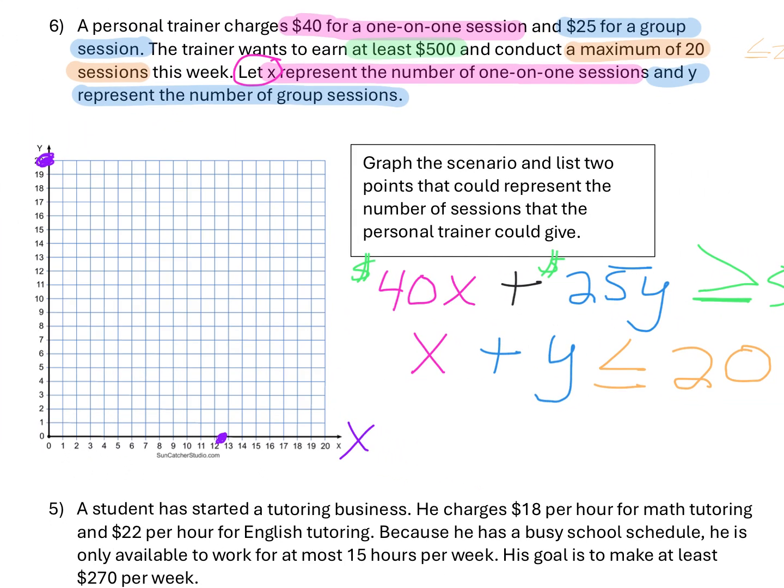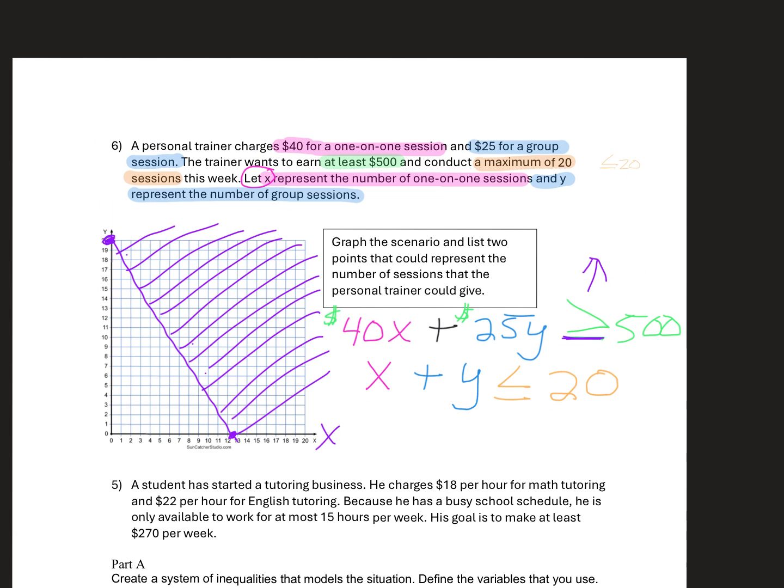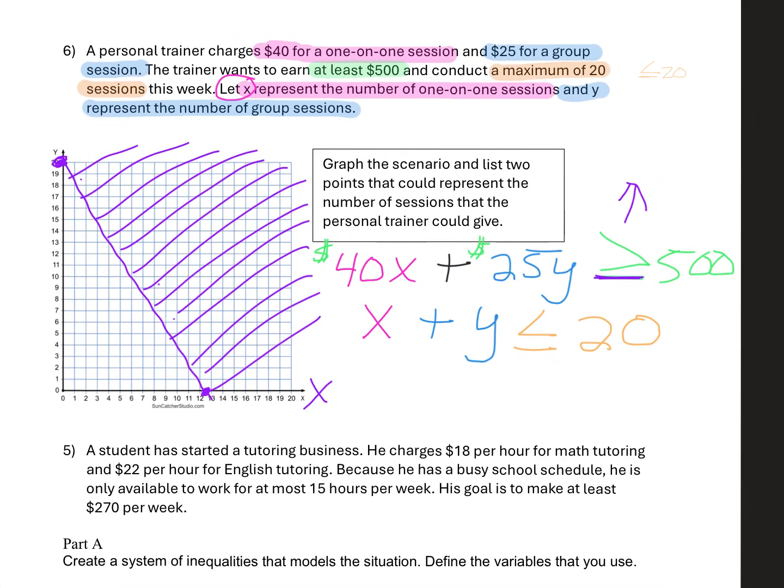I've already covered why, because there's an equal to sign. We are going to connect them with a solid line. And because it is a greater than, we are going to shade up for this inequality, because the amount of money we want her to make could be greater than or equal to 500. So the purple reflects the top inequality.